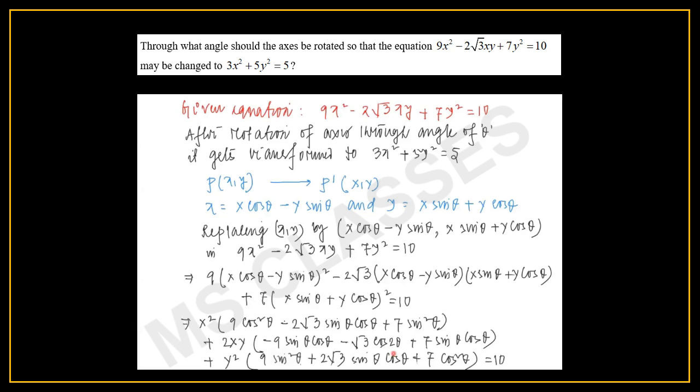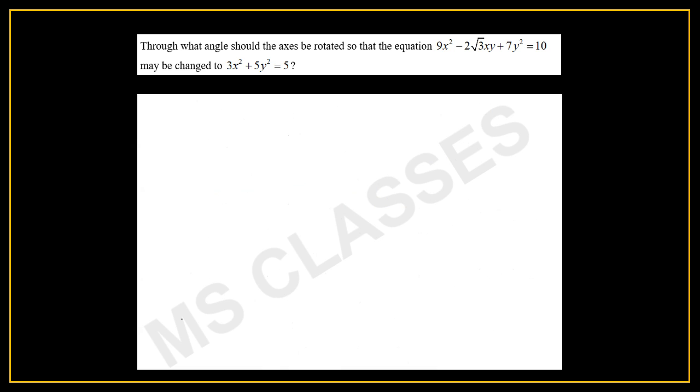Now if we observe the equation we are trying to transform to, here we don't have any term containing xy. That means the coefficient of xy should be 0, otherwise we can never transform to this equation. So we say that the transformed equation is devoid of the term containing xy.